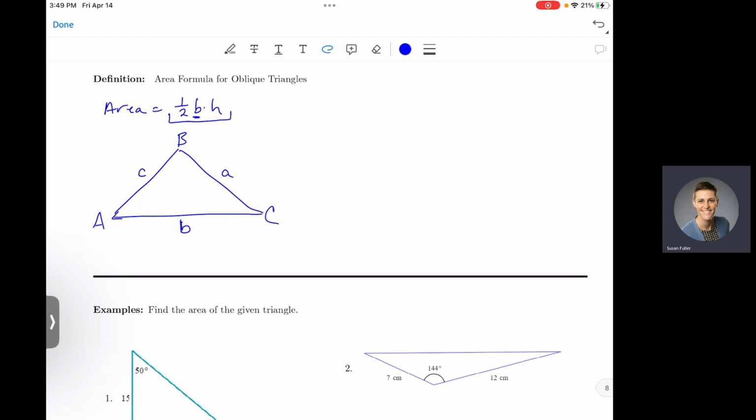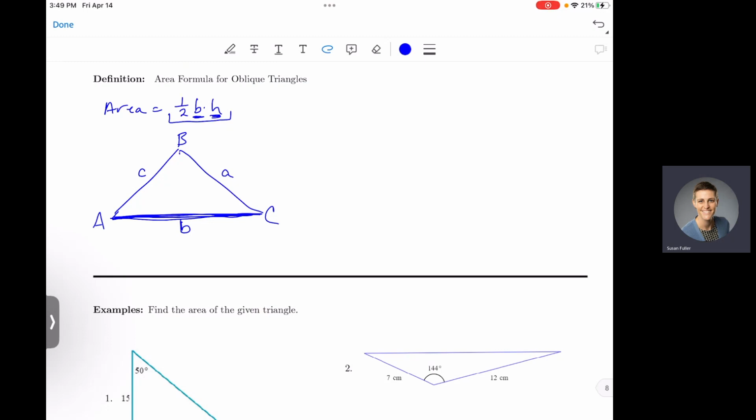Okay, so this is our triangle, and for our area formula, 1/2 base times height. The base is the length of the side on the bottom, which here is our B. So the base here and the little b here are the same B. Now height.